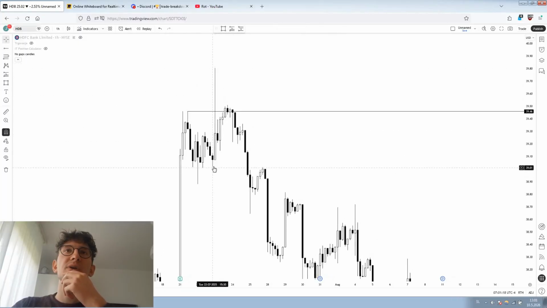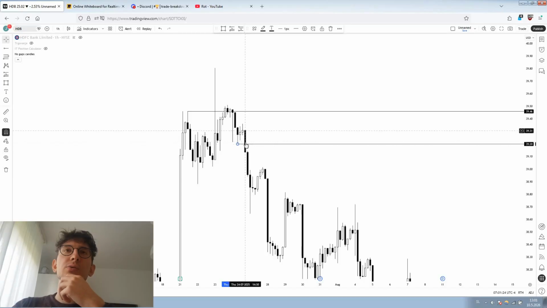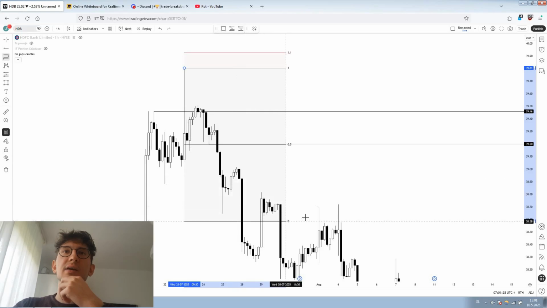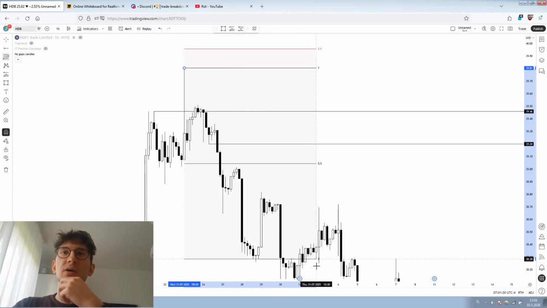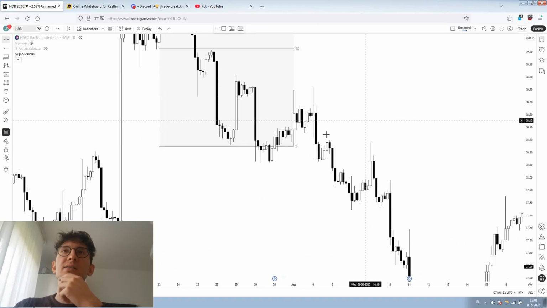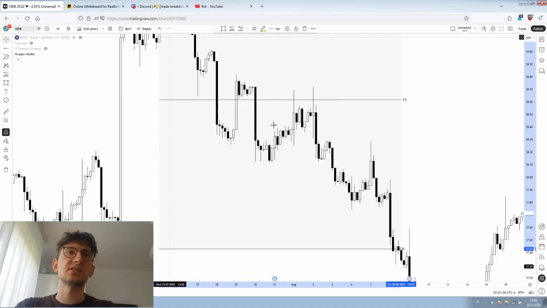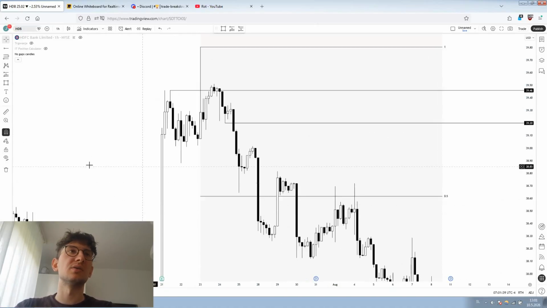Okay, then we have break of structure over here with this huge candle, then we just drag equilibrium, and then we wait for the price to touch 0.5, but over here it never does. Okay, because it just started to collapse lower and lower and lower. So yeah, that's about it, bro.